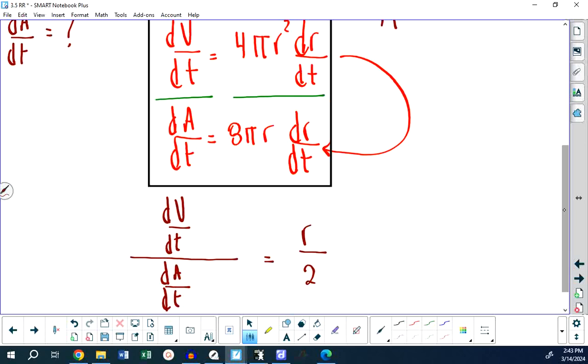But maybe on an exam, the question would say, instead of when the volume is something, when the radius is 10. And then you just go 10 divided by 2 and do your cross multiplication. So what this becomes is 2 dV/dt equals r dA/dt. So all we need to do to answer the question is find out what r is.